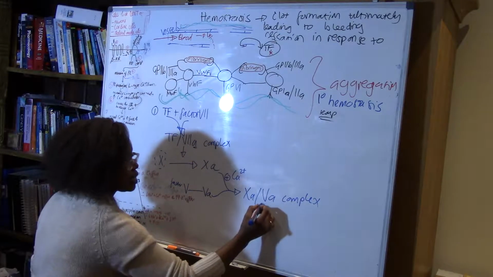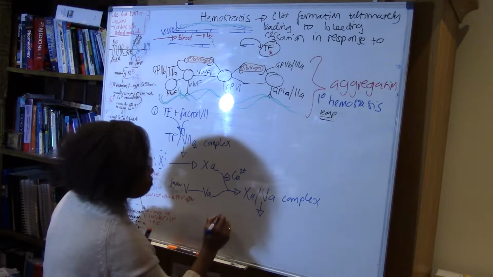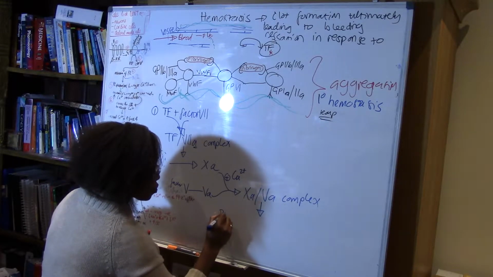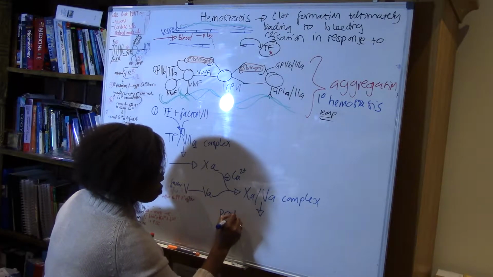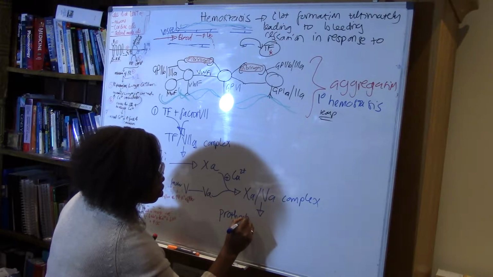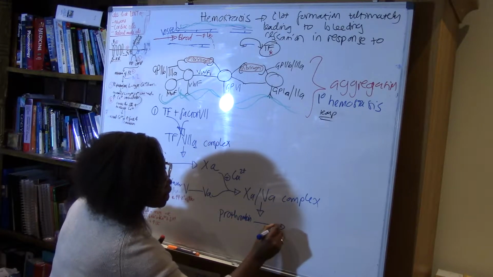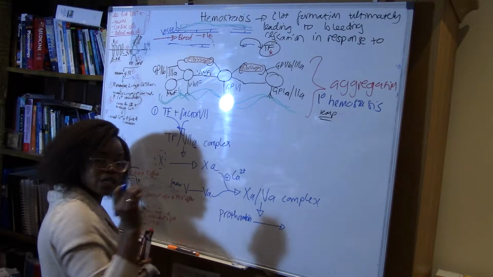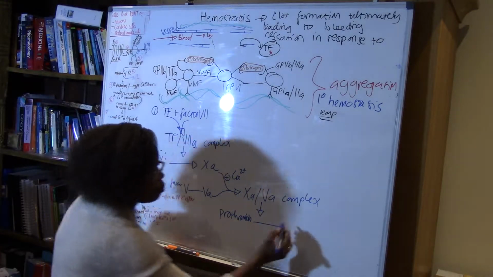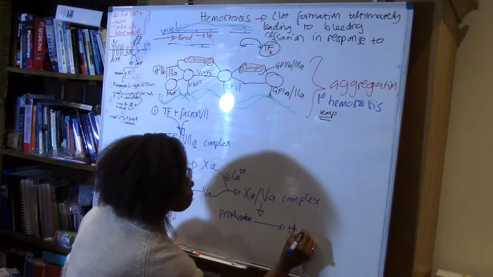And this factor 10, factor 5 complex activates a small amount of prothrombin into thrombin.